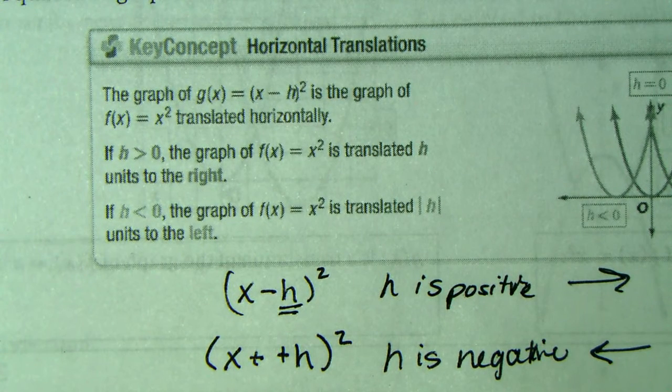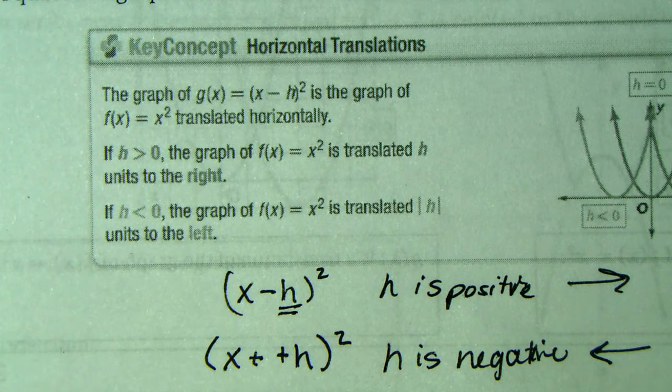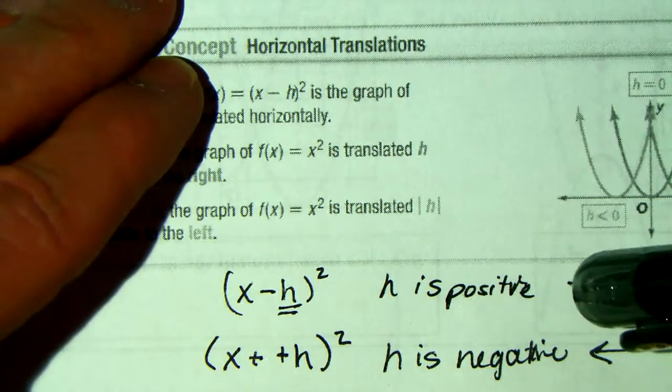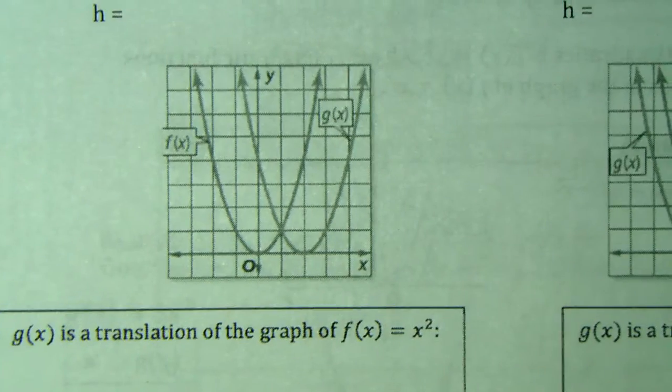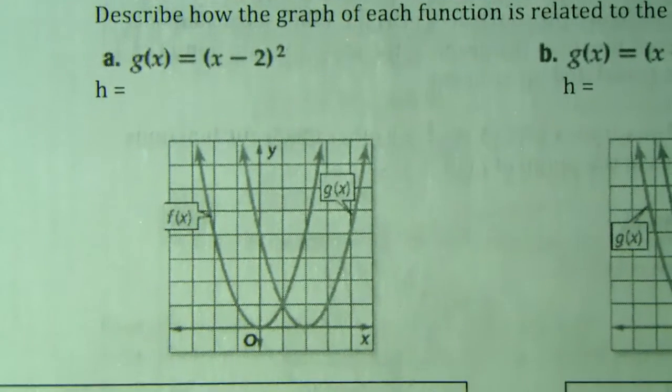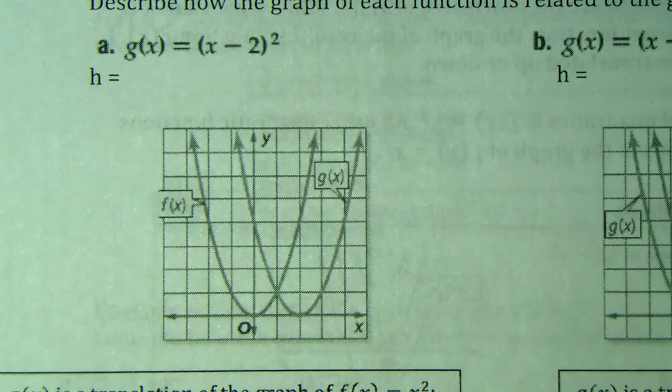But that's only for the one in the parentheses. The other one outside the parentheses, positive is up, negative is down. Okay, but in the parentheses, it's backwards. Okay, so let's turn the paper over, the back of the first page, and show you what I mean. What's really cool about this is that they graph both the parent function, the original x squared function, and then this one. So h is positive 2.